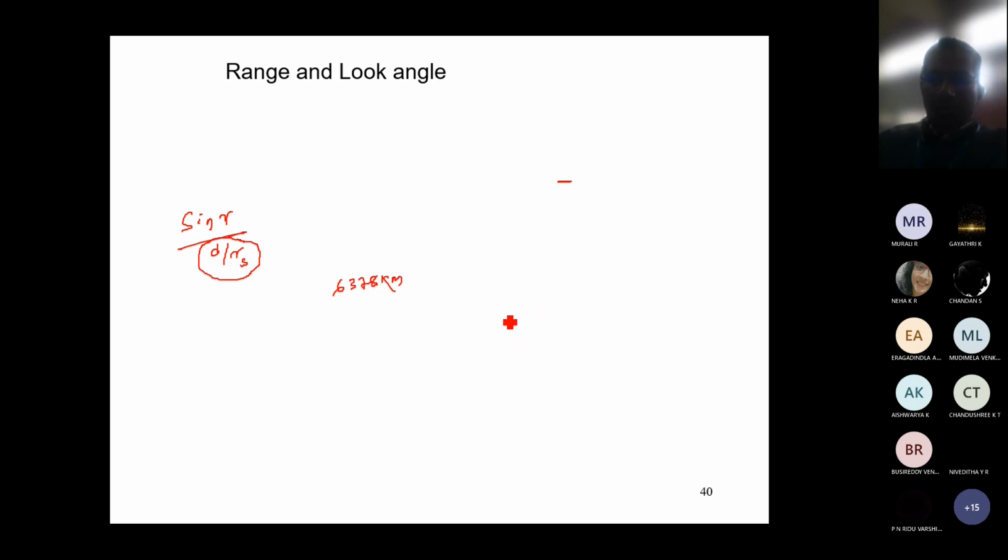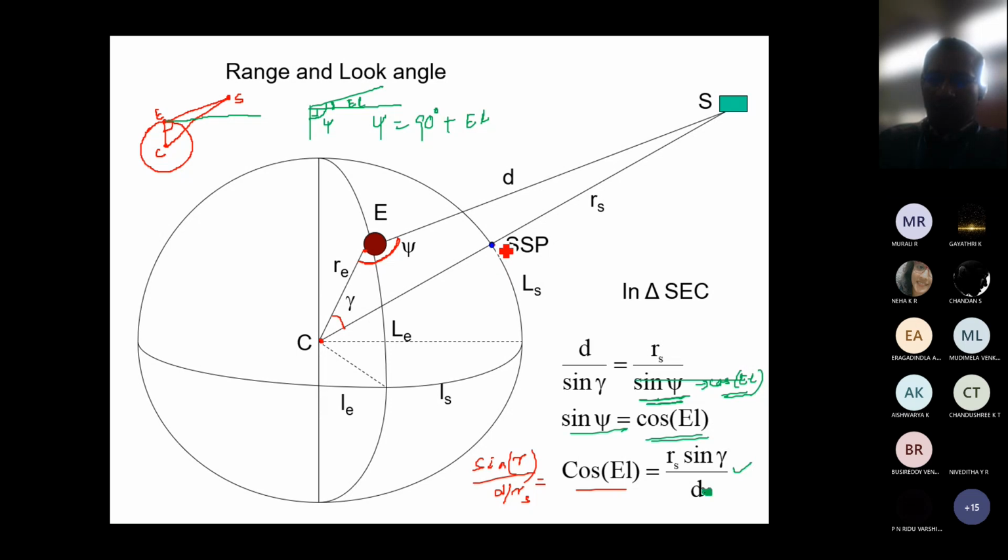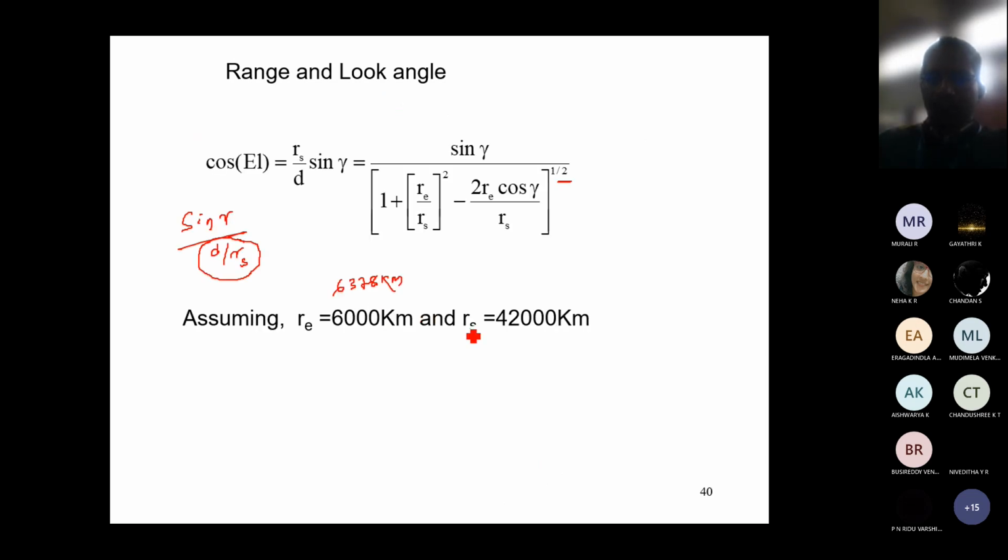Okay, but this one is different. From this point to this point, it will be 35,000 something, which is approximately 36,000 we are taking. So 36,000 means sub satellite point to satellite. But Rs is the summation of this 36 as well as the earth radius. So that is the Rs.